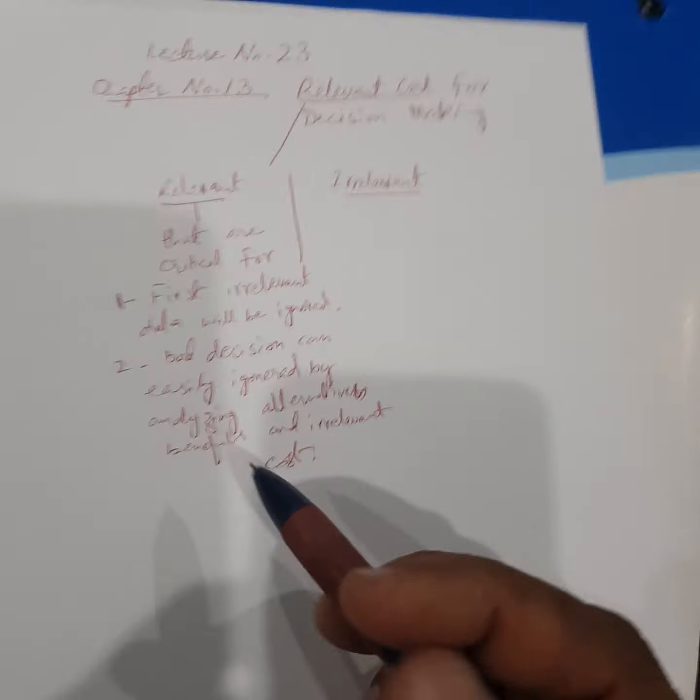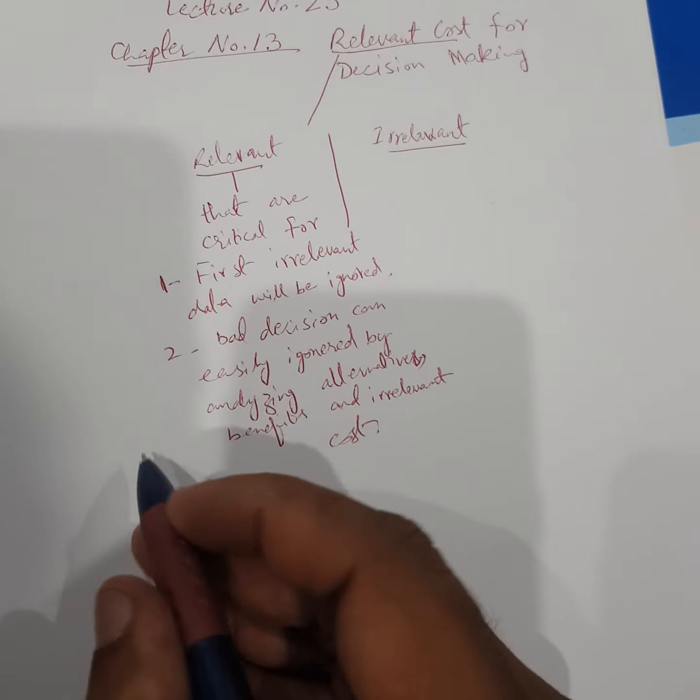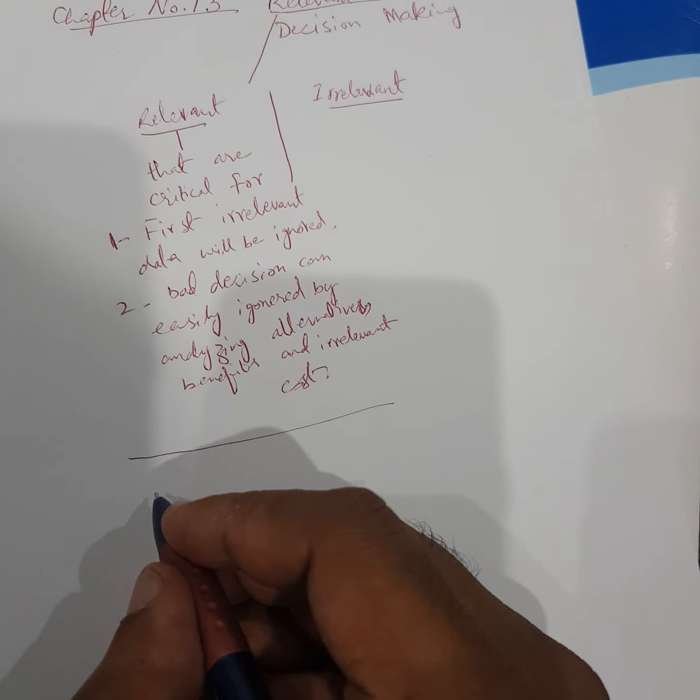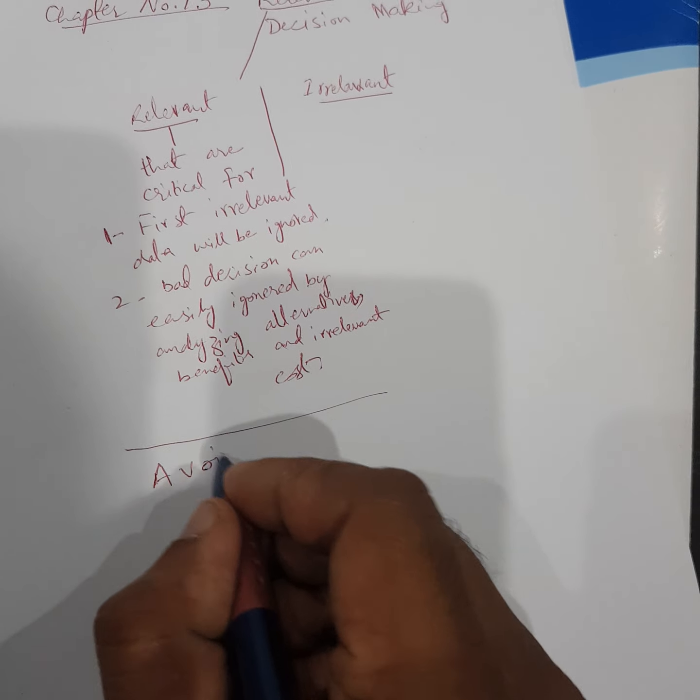To explain the relevant cost, we have a term that is avoidable cost.